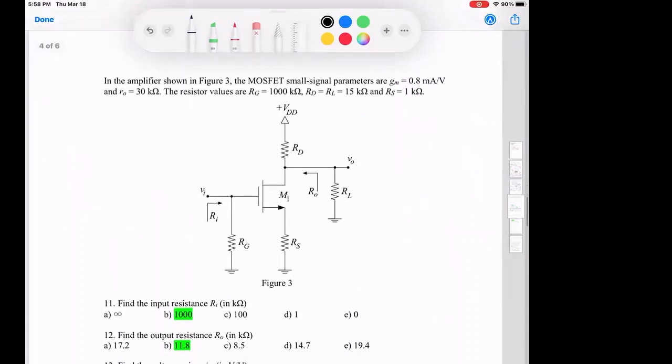Now he's moving into the amplifier modes. This circuit is a common source with source resistance.